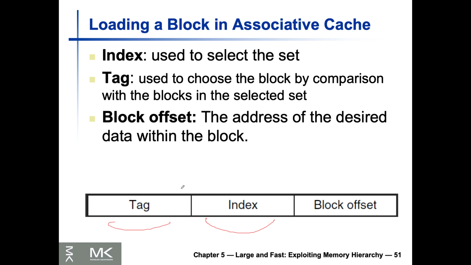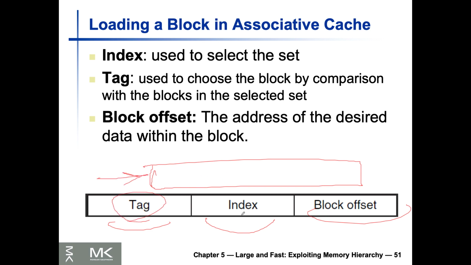So that was your friend's question. And block offset is the address of the desired data within the block. So when you have a memory address, you can fetch these three pieces of information from that address. On Wednesday, we're going to see examples on that.